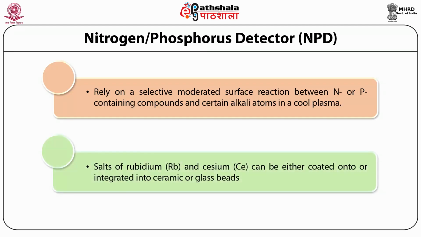Salts of rubidium and cesium have been used successfully for both nitrogen and phosphorus selective detection. Salts of these alkali metals can be either coated onto or integrated into ceramic or glass beads that are in turn attached onto a wire that is used to heat them.